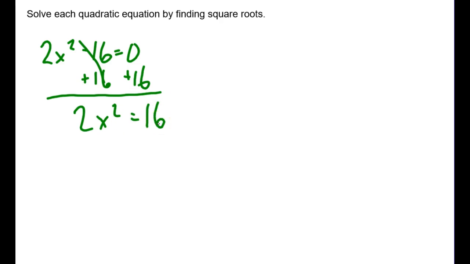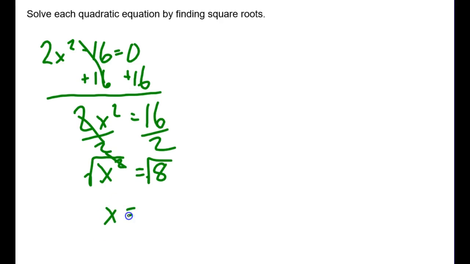Next, to get x squared isolated by itself, divide by 2. We're left with x squared is equal to 8. And now we need to get rid of that squared on the variable, so we take the square root of each side. When we take the square root, we have to account for the positive and the negative.